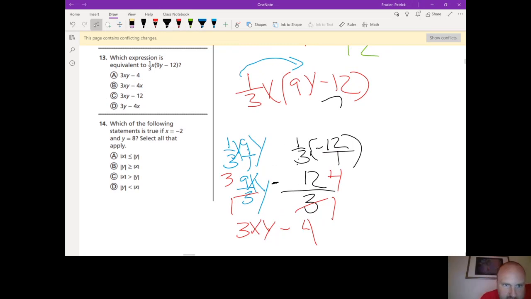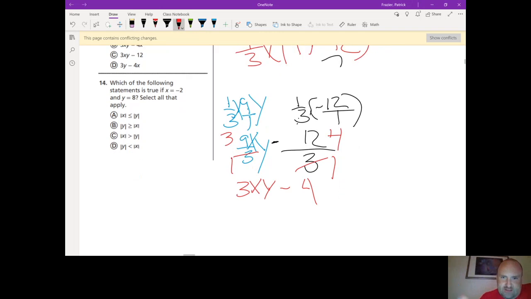And 3xy minus 4 would be A. 3xy minus 4. That would be the equivalent statement.